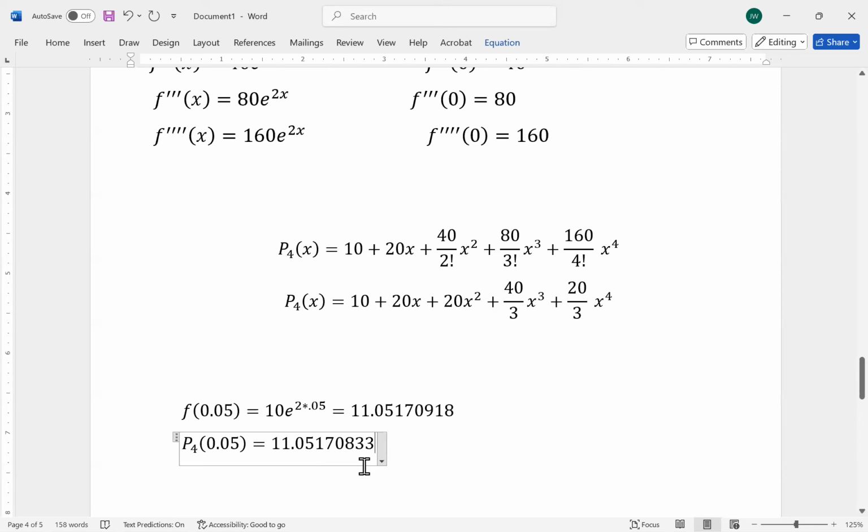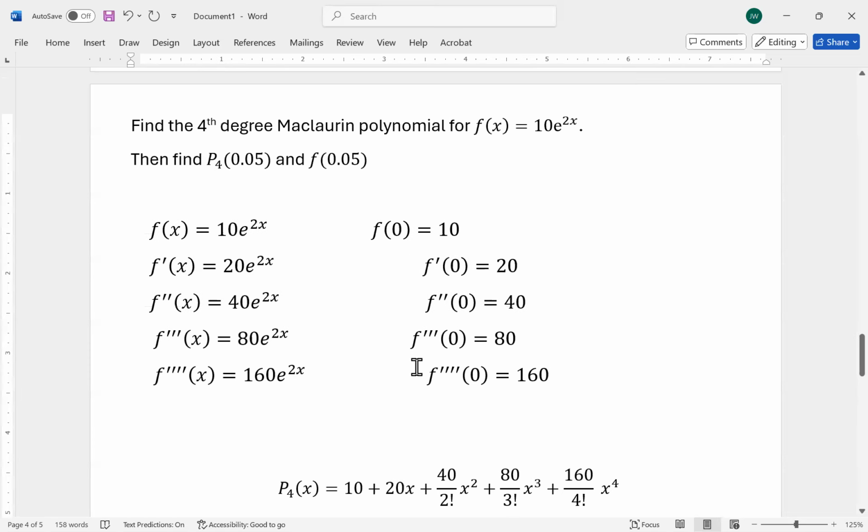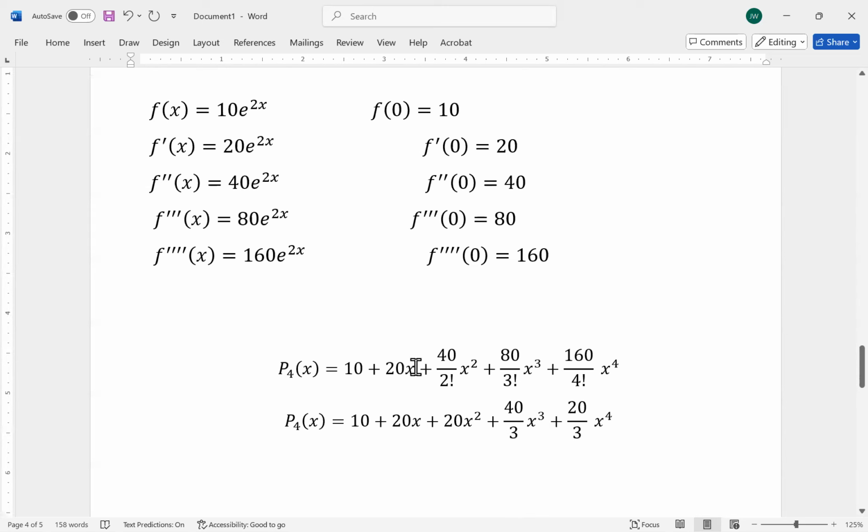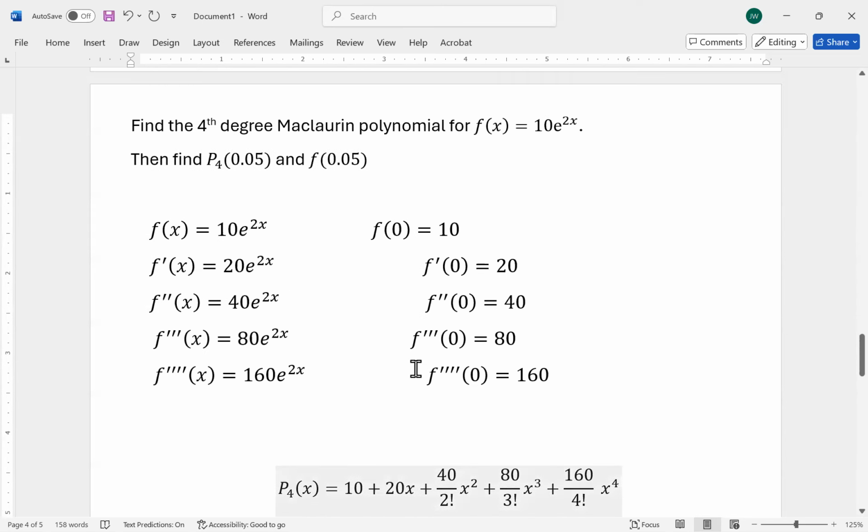Again, notice it's pretty close, a little bit off after you get down past 5 decimal places. So there we go. That's the Taylor polynomial of degree 4 centered at 0, which is also called the Maclaurin polynomial.